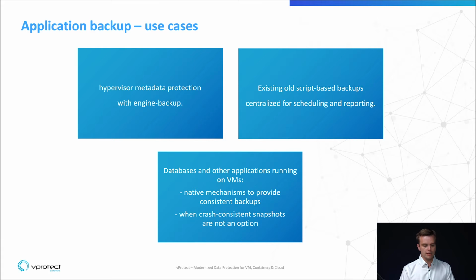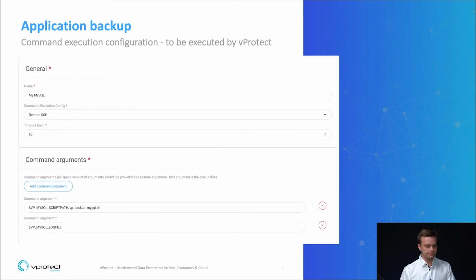And I already mentioned databases as one of the primary scenarios where you would like to use application backup. So here is the example. I have an instance of my MySQL database. It's going to be executed remotely over SSH. So this command, whatever is mentioned later here in the command argument, is going to be executed remotely over SSH, but it can also be executed directly on the node.